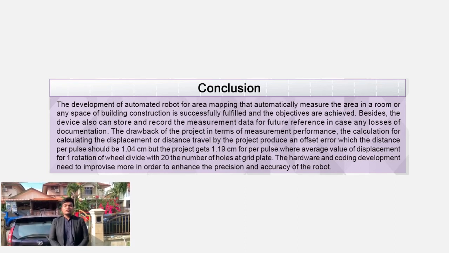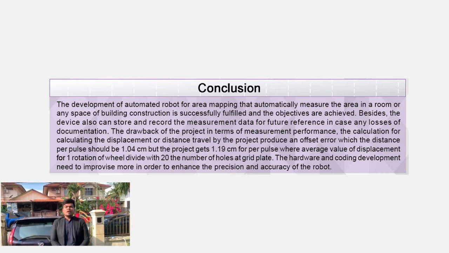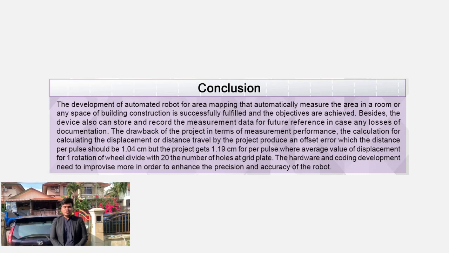The hardware and coding need to be improved more in order to enhance the precision and accuracy of the robot. Next, we go to the demonstration of the automated robot for area mapping.